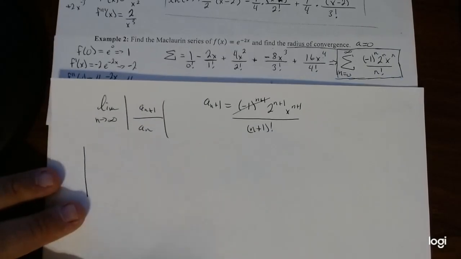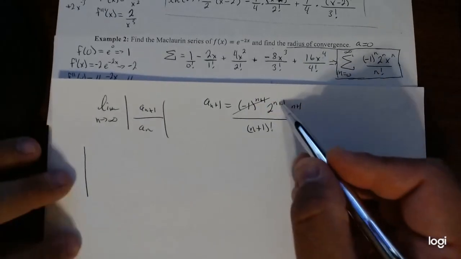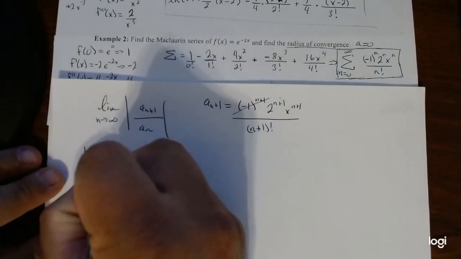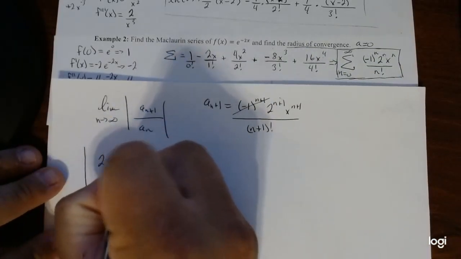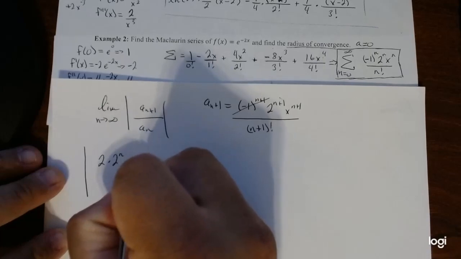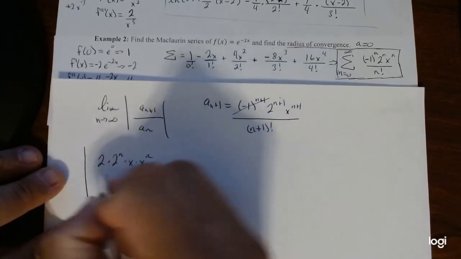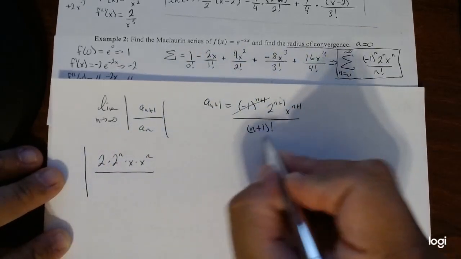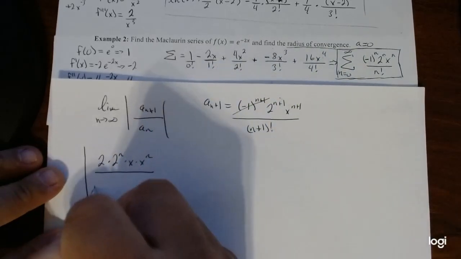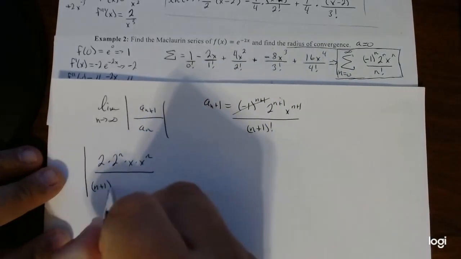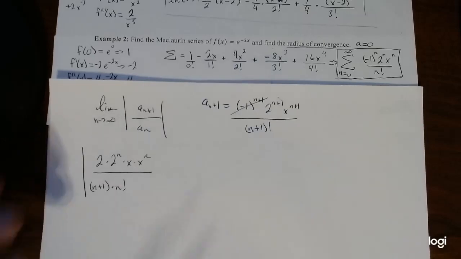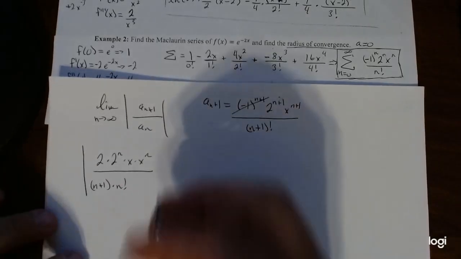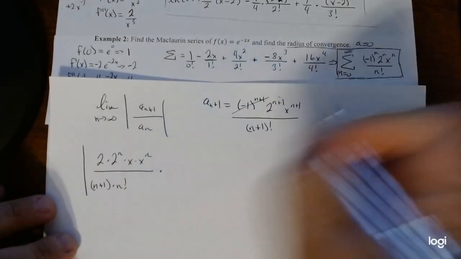Now we can just focus on those portions. Like we did in that section, this is technically 2 times 2 to the n, and this is x times x to the n, all over, and I could break this up into n plus 1 times n factorial. Technically it's division, so it just flips.